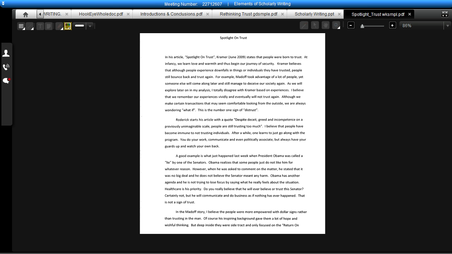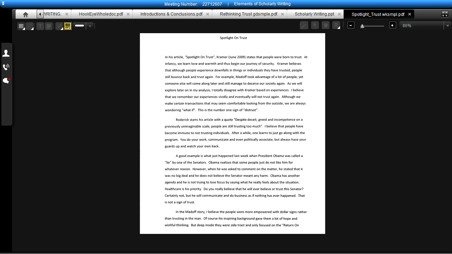Roderick starts his article with a quote: "Despite deceit, greed, and incompetence on a previously unimaginable scale, people are still..." I believe that people have become immune to not trusting individuals. After a while, one learns to just go along with the program. You do your work, communicate, and even politically associate, but always have your guards up and watch your own back. A good example is what just happened last week when President Obama was called a liar by one of the senators.